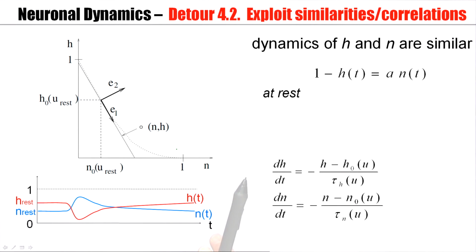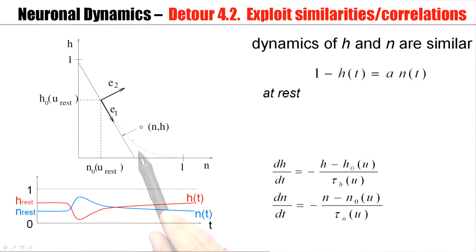So here, again, the idea: an arbitrary point is projected onto, in this case, the solid line. Its position along the solid line is represented by the vector E1 that corresponds to the biggest elongation of this data cloud.